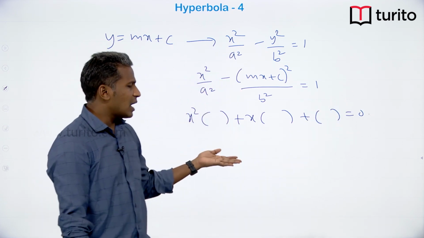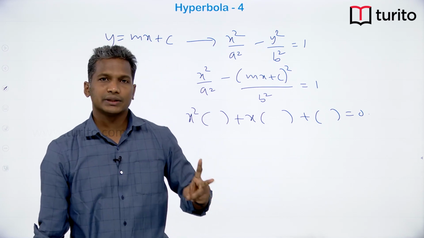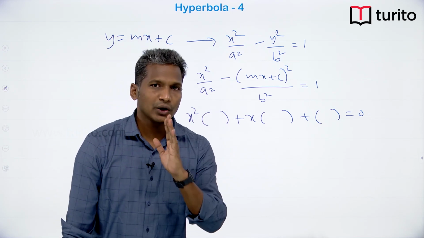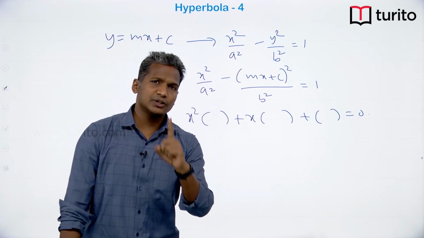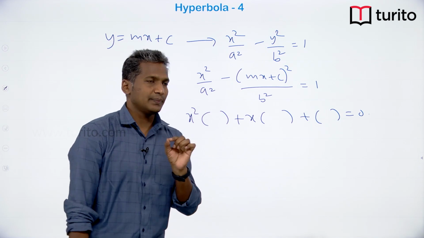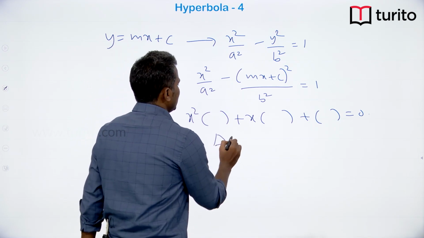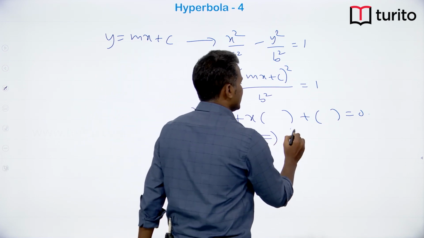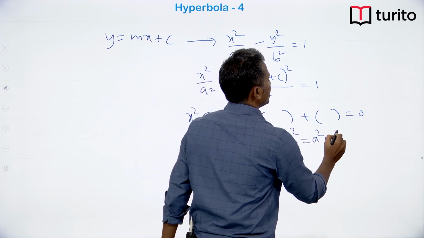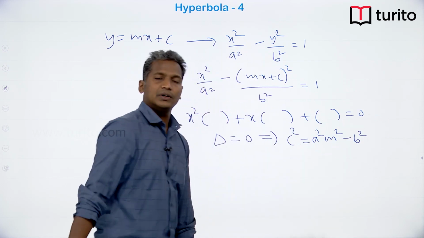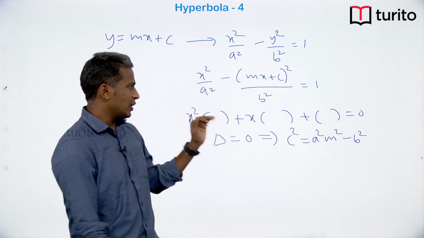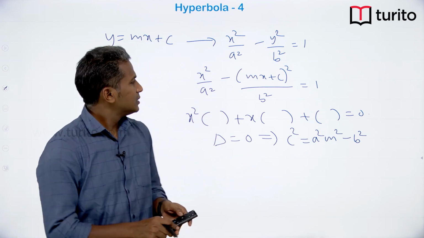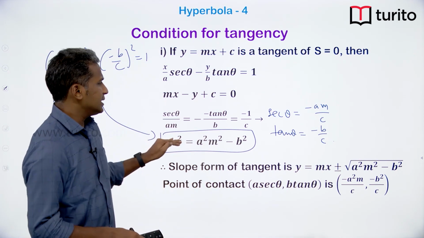When I solve this, I am supposed to get two solutions of x. If I get two solutions, it means the line is a chord. If I get only one solution, it means the line is a tangent. So, I will put delta equal to 0 here. When I simplify this, I am going to get the same condition which we have derived here using a different idea. Okay. So, this way also we can find the condition for tangency. So, that is what we have precisely written here.